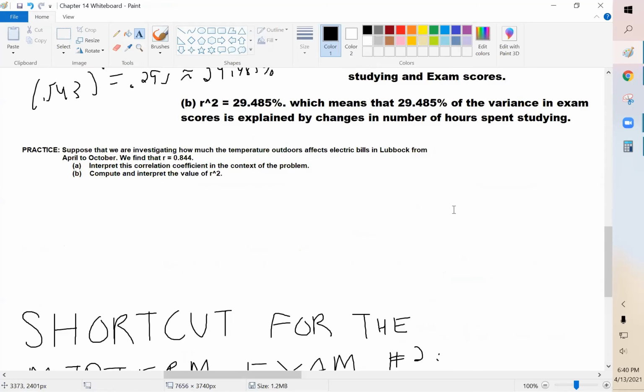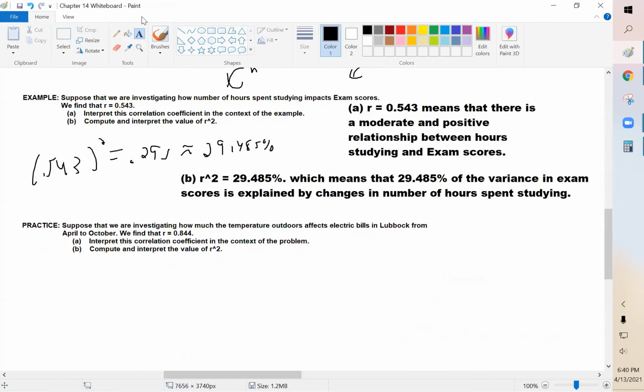So let's give you a practice one right here. I'll give you about a minute or two to work on this one. And then we'll go over it.